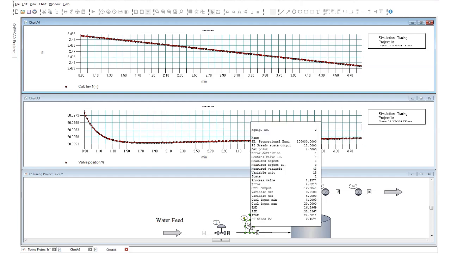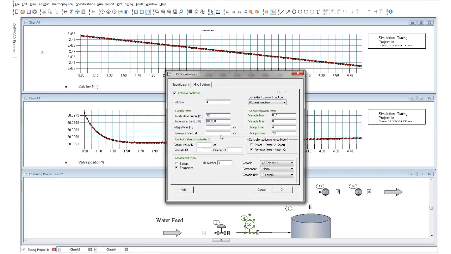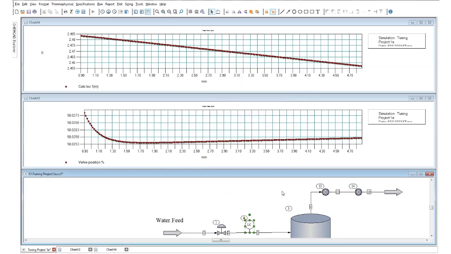So if I double click on my controller, okay, we're going to increase the gain, which means I'm going to decrease my proportional band. So let's see what happens when I go from 100,000 to, say, a value of 10. And I'll click OK.